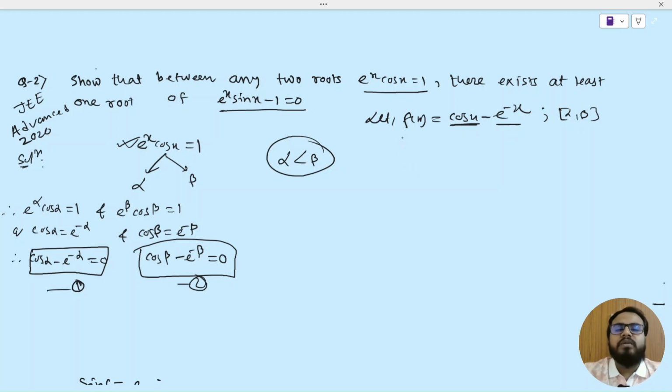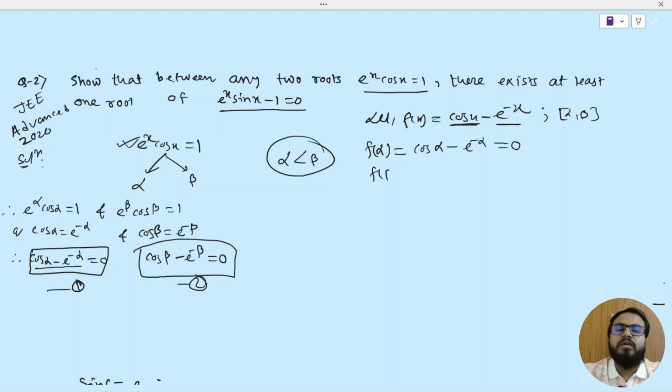Now, we also claim that f satisfies the third condition of Rolle's theorem. In order to prove that, we have to calculate f alpha. F alpha is cos alpha minus e to the power minus alpha, and using equation 1, this value is equal to 0.